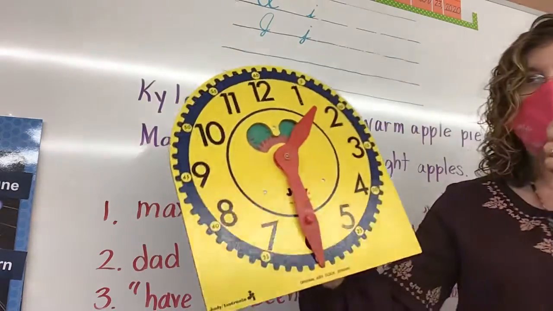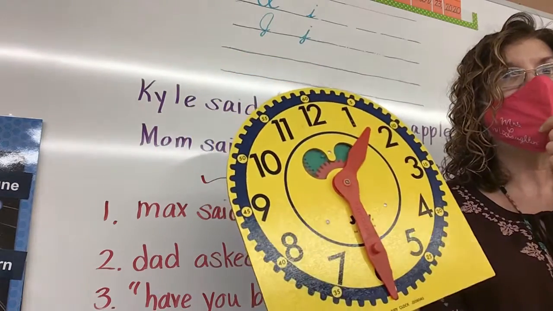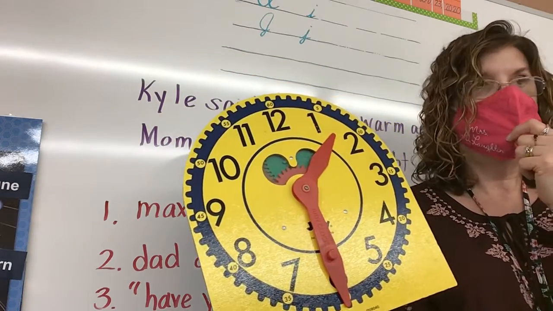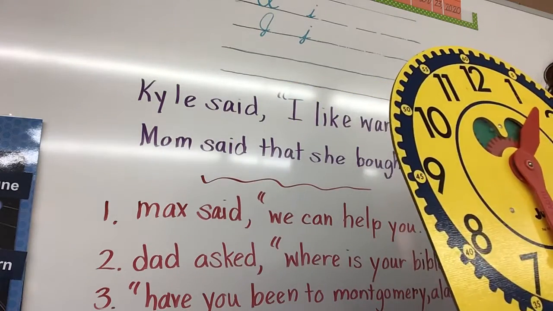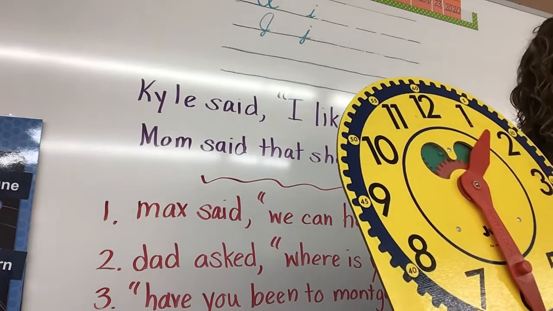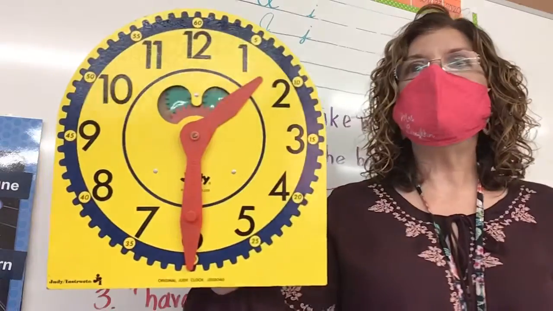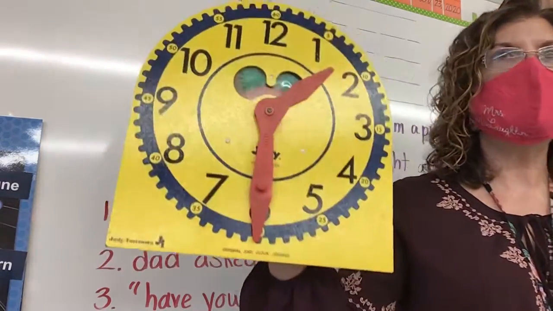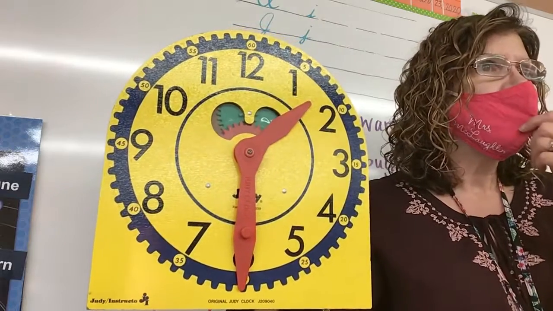Now, we're going to say it another way, so 1:30 is the same thing as half past what? 1. You need to write half past 1. You cannot just write half past. If you do not write half past 1, then you only have a partial answer there. 1:30 is the same thing as half past 1. 1:30 is not the same thing as half past.